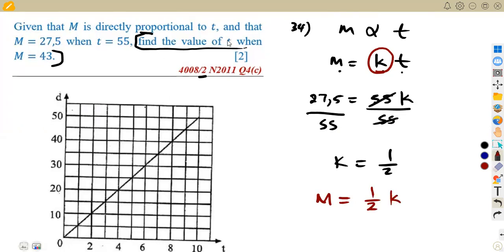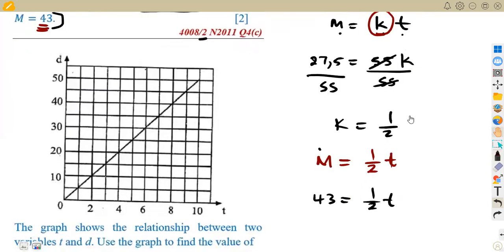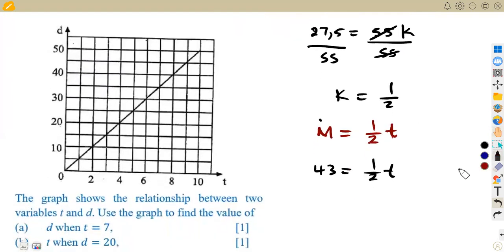The question is to find the value of T. So the question now is to find the value of T if M is 43. So we are given M, which is 43, is equal to 1 over 2 T. So how am I going to find the value of T? I can simply cross multiply, or I can multiply by 2 both sides.